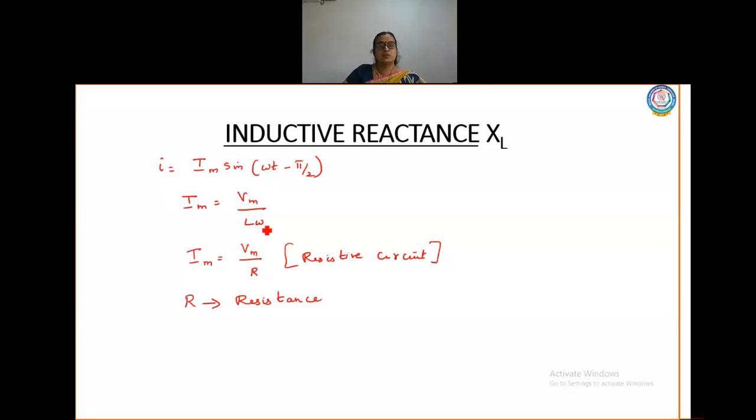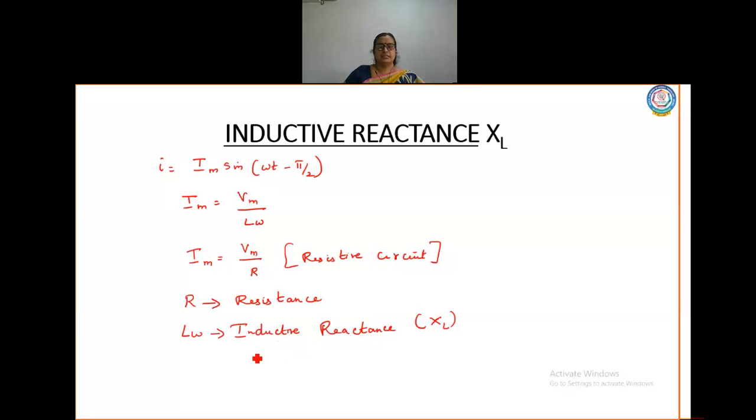So this L omega is named as inductive reactance, which is represented as X suffix L. L represents the inductor circuit. So this L omega is nothing but what you call inductive reactance.